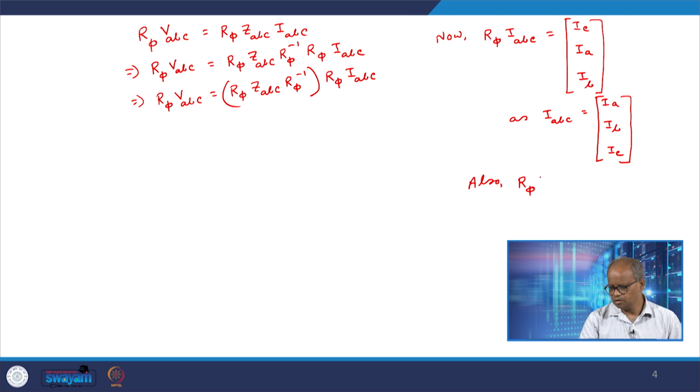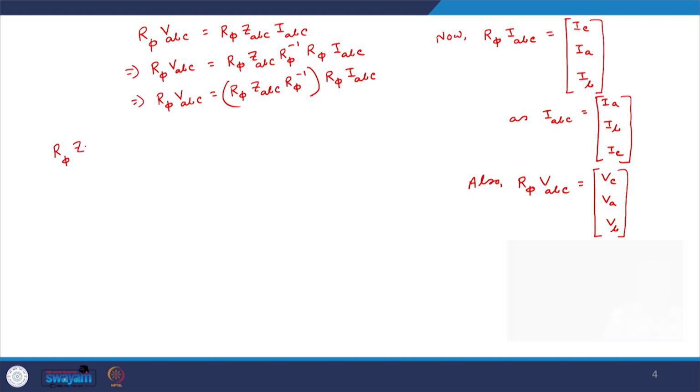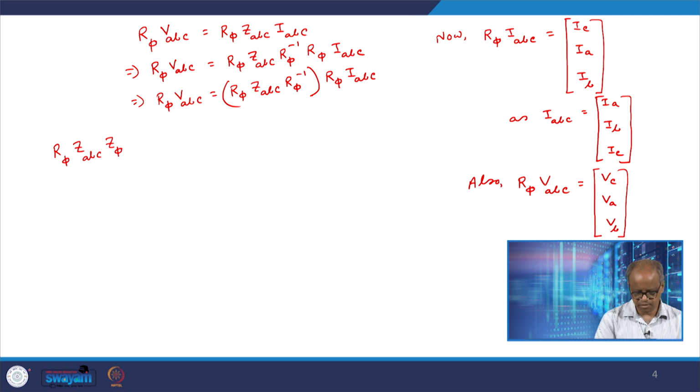R phi into V_ABC is equal to V_C, V_A, V_B, that we already know. Now, let us evaluate what is R phi into Z_ABC into R phi inverse.